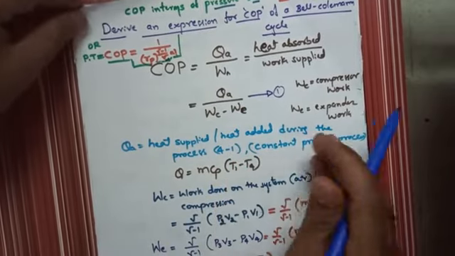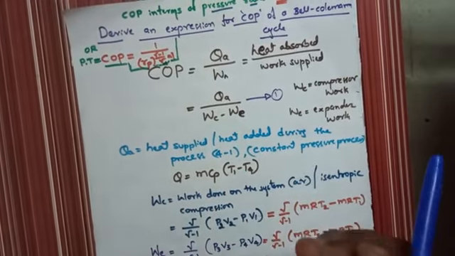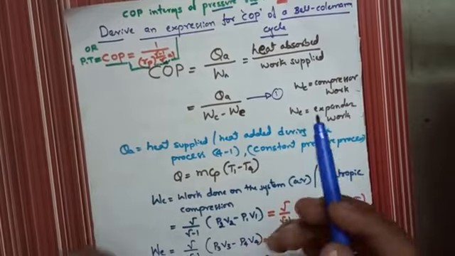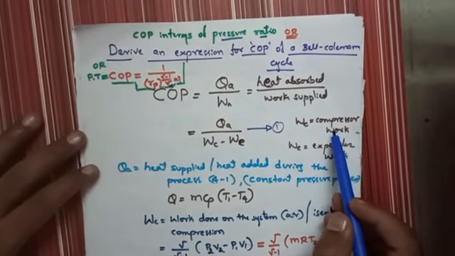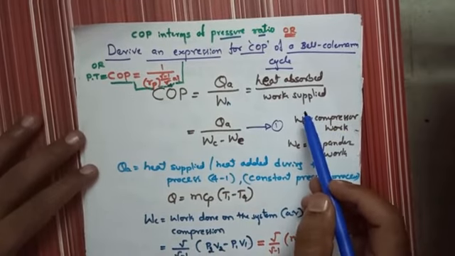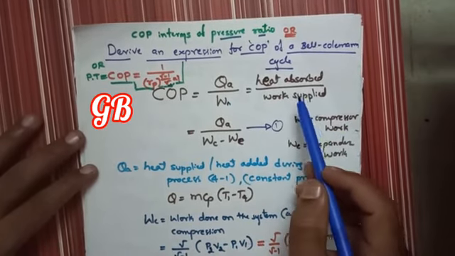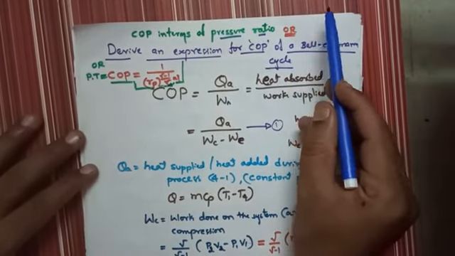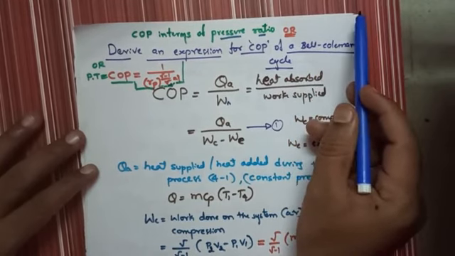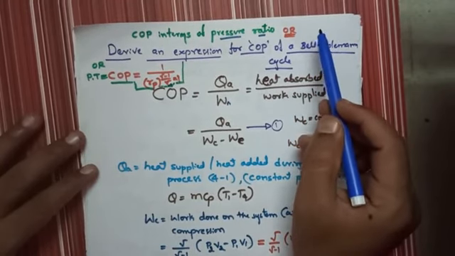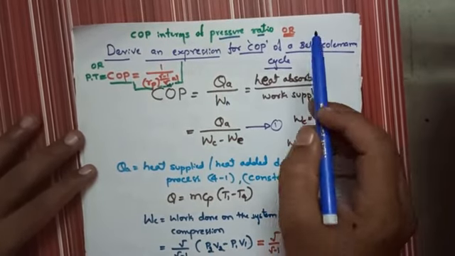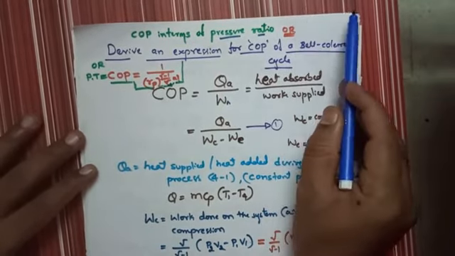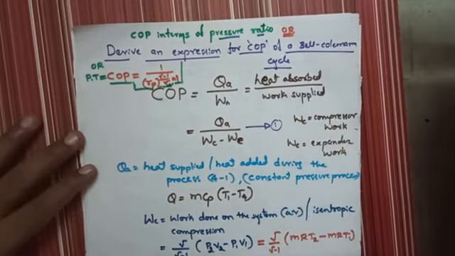These two we discussed in the previous video lecture on the working principle of the Bell-Coleman cycle. If you have not seen it, click on this link. You can understand how the Bell-Coleman cycle works, the components of the cycle, and the different types of processes in that video lecture.